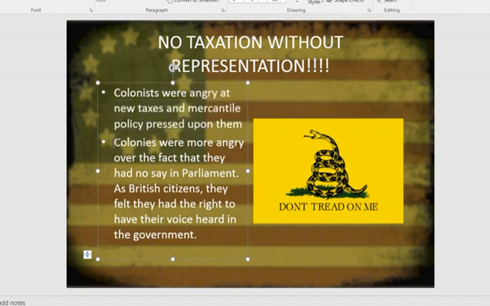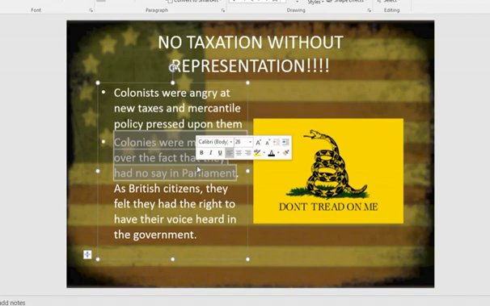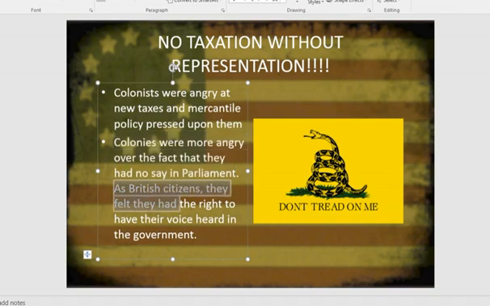And the colonists are going to get angry at the fact that they didn't have any say in the Parliament. The Parliament is going to be the British law-making body that basically passes laws and is going to be passing these taxes and these policies over on the colonies. Now, the colonists are going to be upset because they're going to say, we are British citizens.